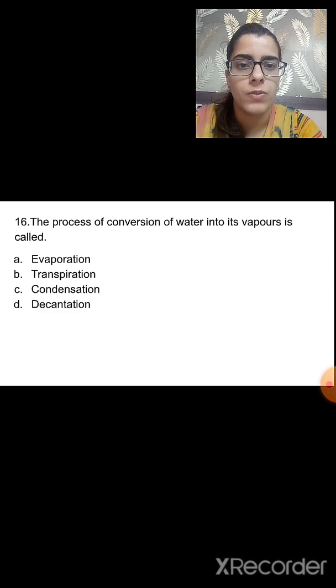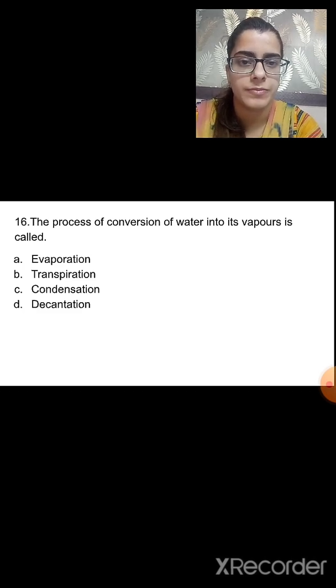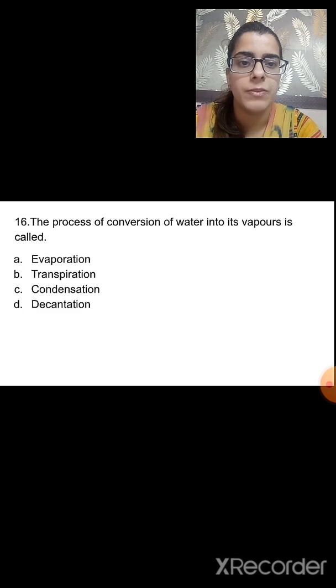So the process of conversion of water into its vapors is called evaporation. So the correct option is option A, evaporation. And when the vapors get converted into the liquid state, it is known as condensation.